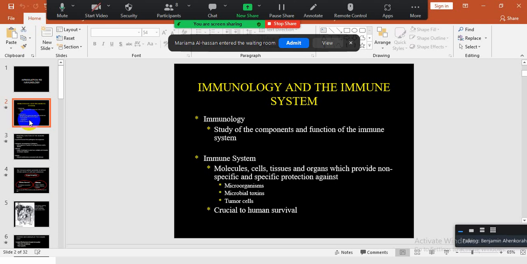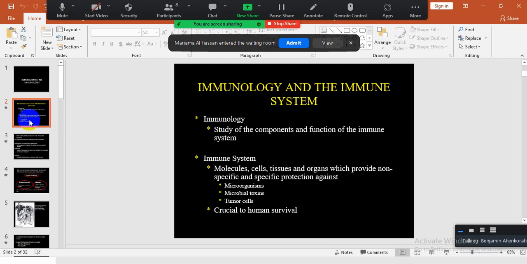But non-specific protection are the physical barriers, like your own body, because of your mucous membranes, your sweat glands, the keratin of your skin, and the rest. Your skin itself, we call it epithelium. It prevents microorganisms from entering your body. So that is what we call physical barriers or non-specific immunity.